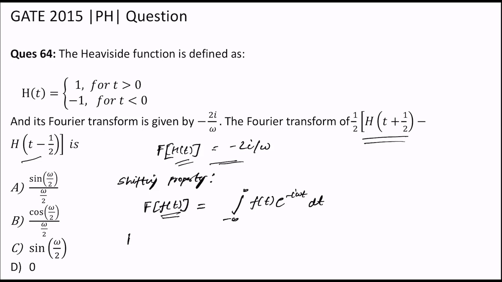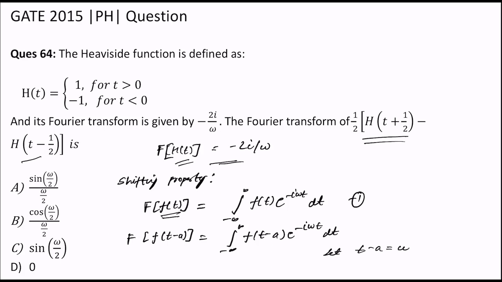Now we take another function which is shifted by amount a. Then, using equation 1, we can write the integral of f of t minus a times e to the power minus i omega t dt. Now we can substitute t minus a equal to u, therefore dt is equal to du.